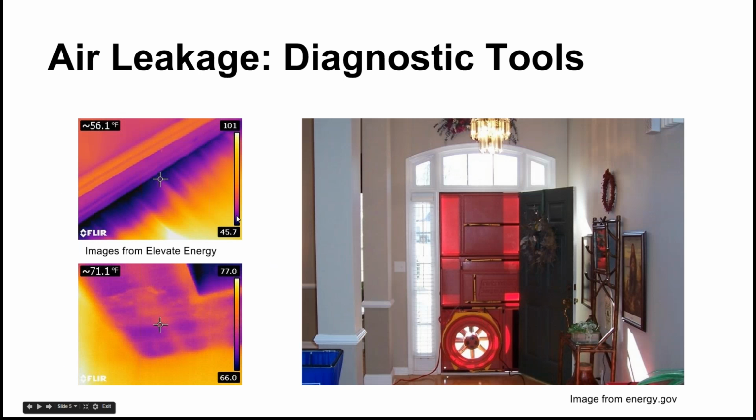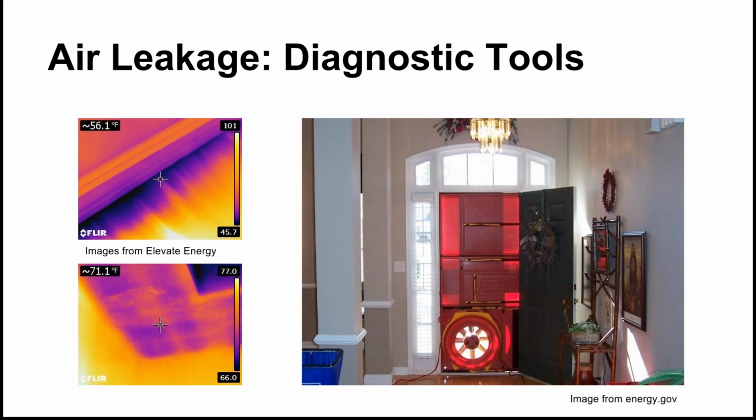The first one on the left, these are images from an infrared camera. So basically what you're looking for here is heat flow through a building's flaws. So any gaps in the baseboard, any lack of insulation anywhere, you'll be able to see that with a much colder temperature. So you're looking for a temperature difference, basically.